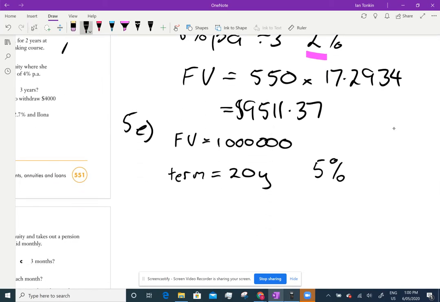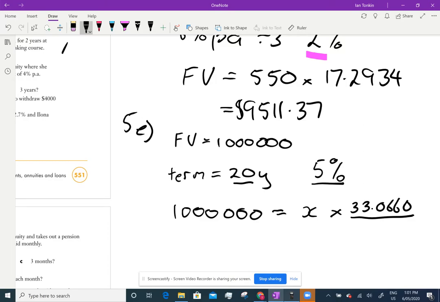So that equals some number, call it X, times 20 and 5. Well, 20 and 5, so I go into my table, 20 terms, 5%, 33.0660.